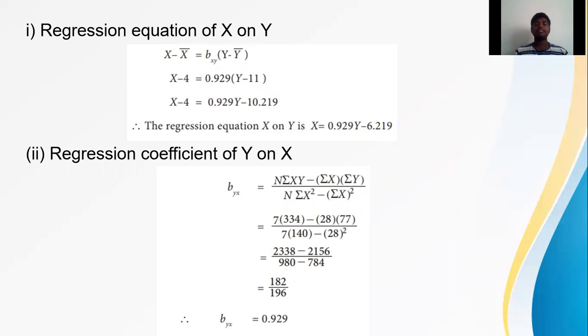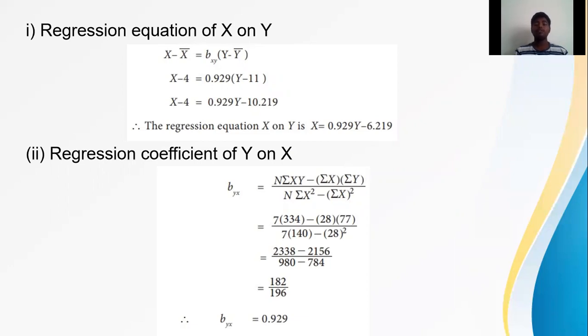Here x minus x bar is equal to bxy into y minus y bar. The regression equation of x on y is x equal to 0.929y minus 6.219. The regression coefficient of y on x is represented as byx.